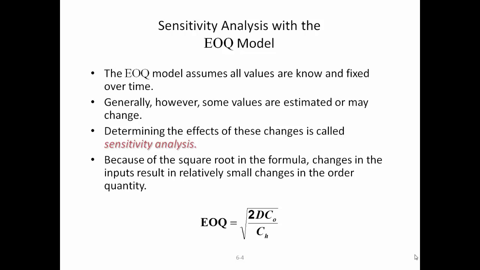Some of these values may change, and when we look at determining the change, as we noted in an earlier class, we call it sensitivity analysis. Here we have the formula for the economic order quantity.